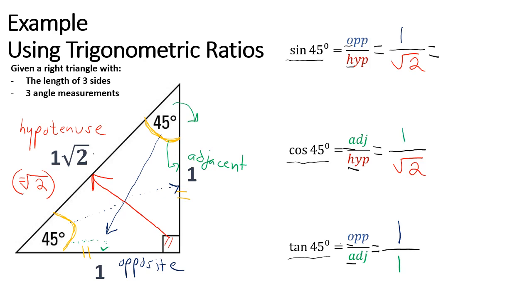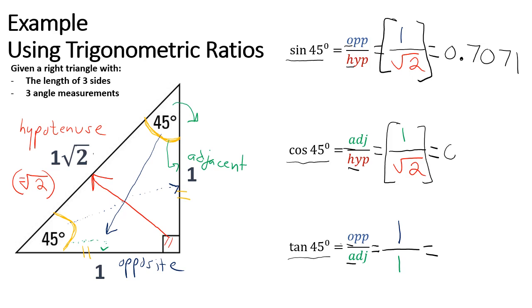So what I would like you to do next is grab your calculator, and I want you to type in what is 1 divided by the square root of 2. Well, that is going to give us 0.7071. 1 over root 2, same thing, same math.